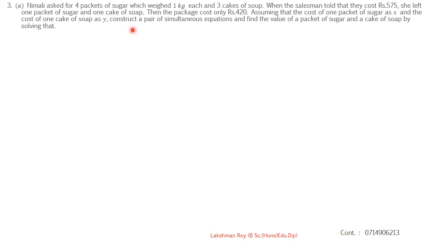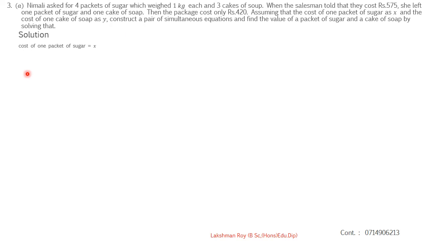So when you go to the solution, here they have given us the price of a packet of sugar and the price of 1 cake of chalk. So you have to take those as algebraic symbols, right? Taking those two values, you have to construct a pair of simultaneous equations.